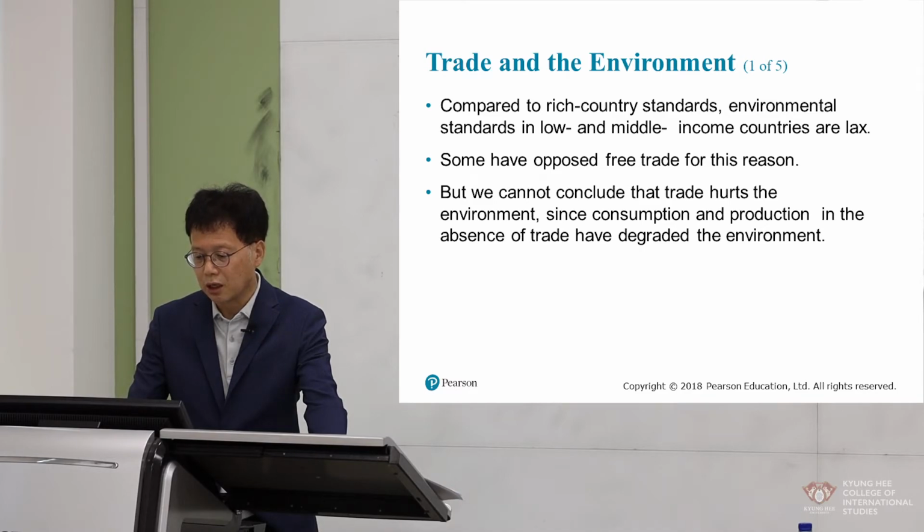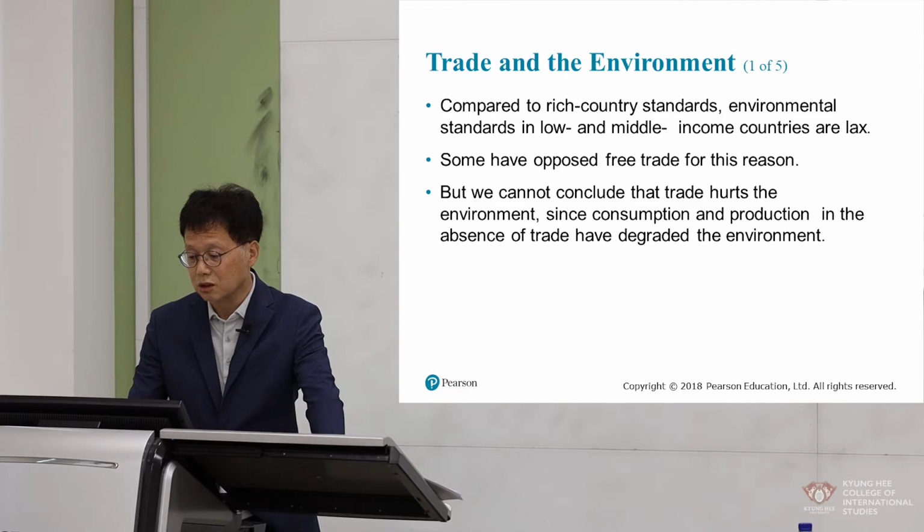Compared to high-income developed country standards, environmental protection standards in low and middle-income countries are lax, very low. Some have opposed free trade for this reason. I already explained the background of this, right? So when a developing country exports goods involving lots of emission of pollutants, it should be checked by the WTO.